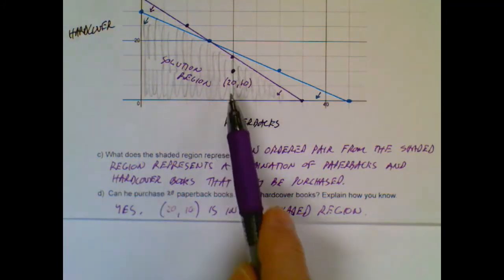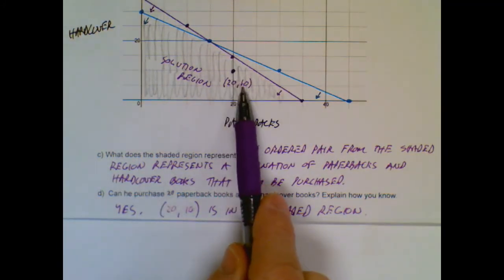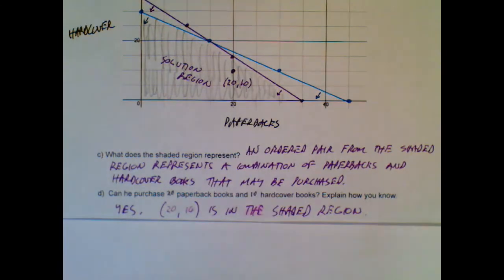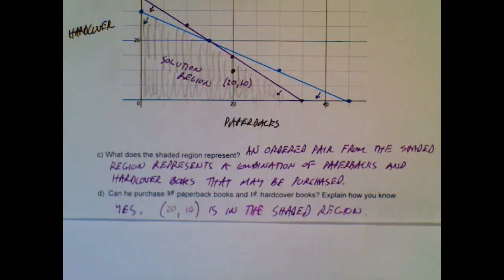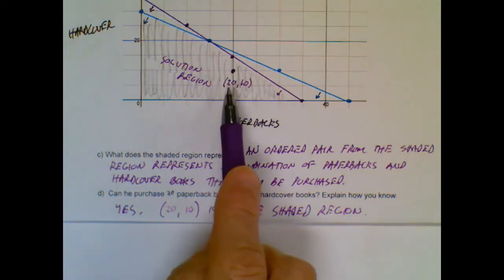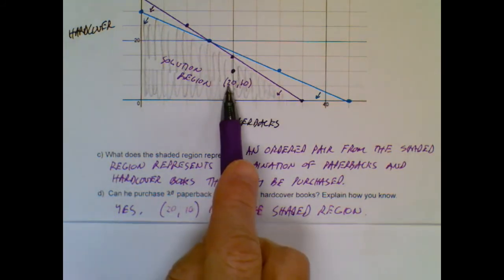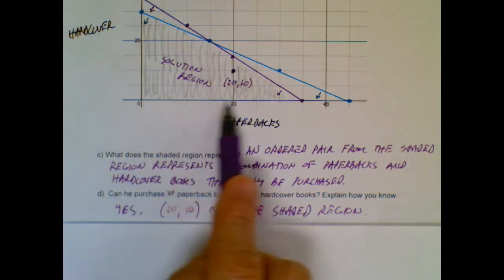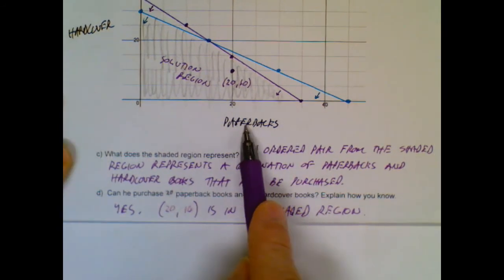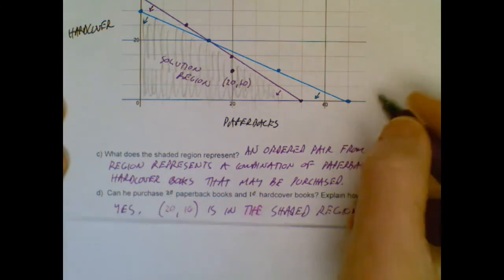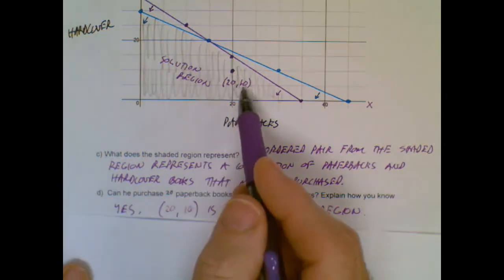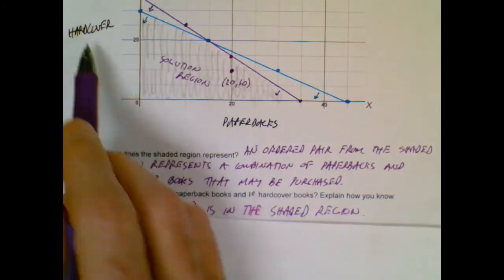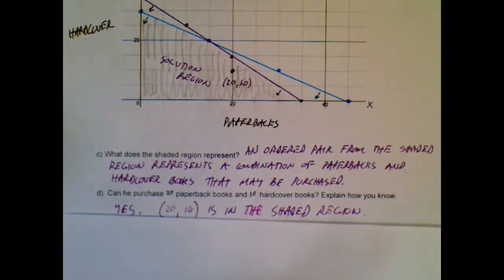For example, here's the point (20, 10), and (20, 10) is in the shaded region, which means it's a solution. So what does that mean? Well, the 20 is representing the x, or this axis, that represents paperbacks, since that's the x-axis. And the 10 is the y, which represents the y-axis, or my hardcover books.